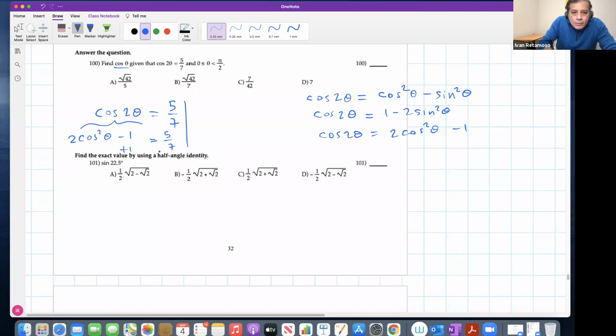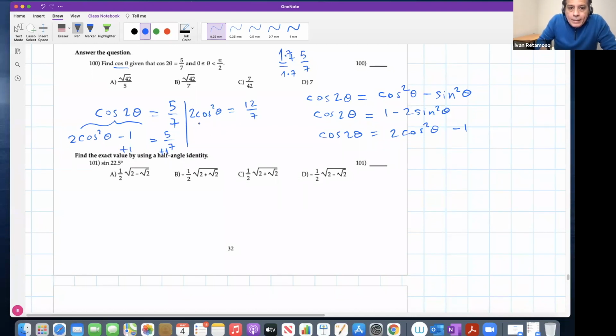And then solve for cosine of theta. Adding 1 to both sides of this equation, you will get 2 cosine square of theta equal 1 plus this, 1 plus 5 sevenths, right? What is 1 plus 5 over 7? Well, write 1 as 1 over 1, multiply by 7, the LCD. 7 plus 5 is just 12 over 7, right?